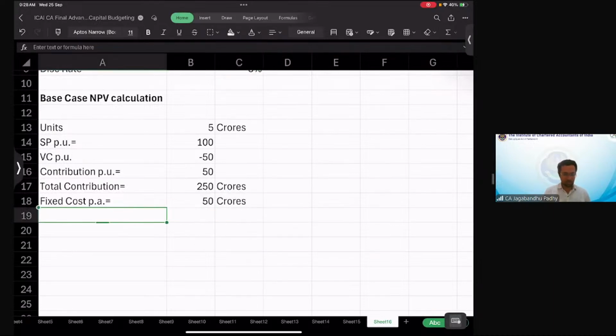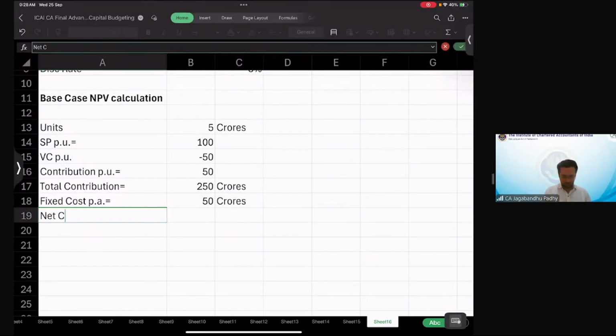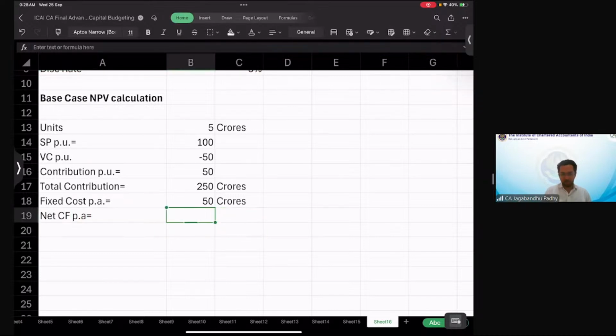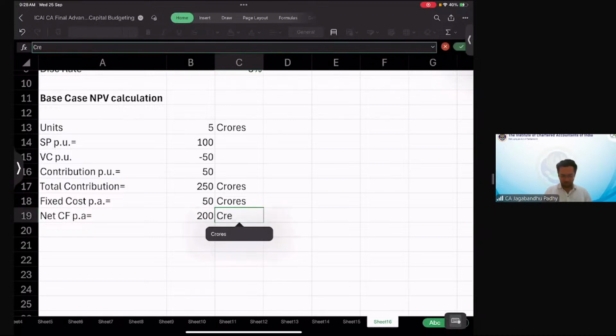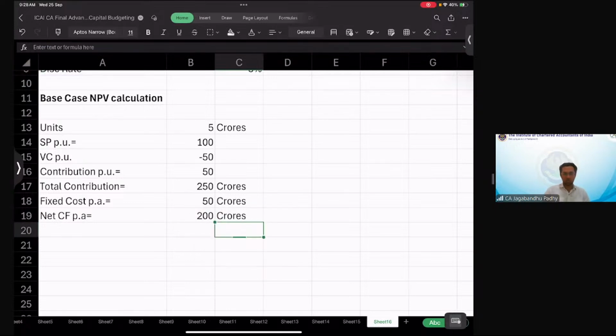Fixed cost 50 crores. And then we have the net cash flow per annum. Per annum net cash flow stands as 200 crores.